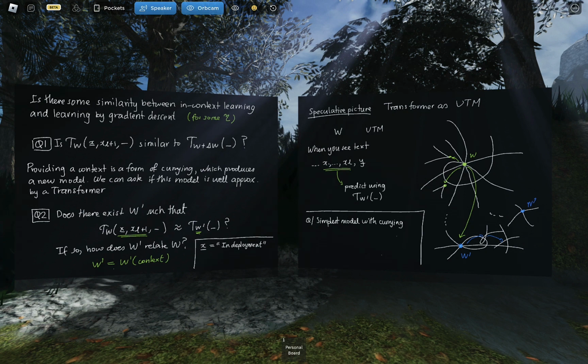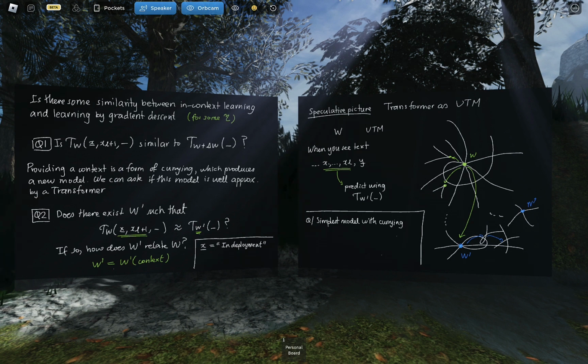So, under this picture, the speculative picture on the right-hand side, once the transformer has acquired this configuration, the learning that's happening near W, if you like, is more about routing than it is about actually solving any one of these given problems, right?